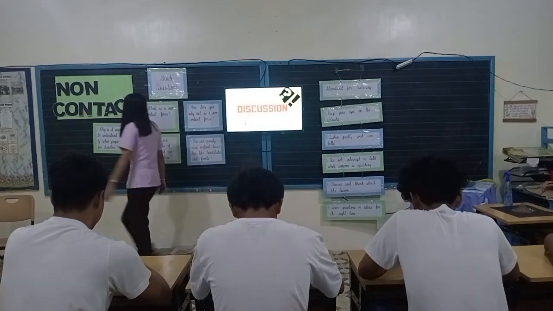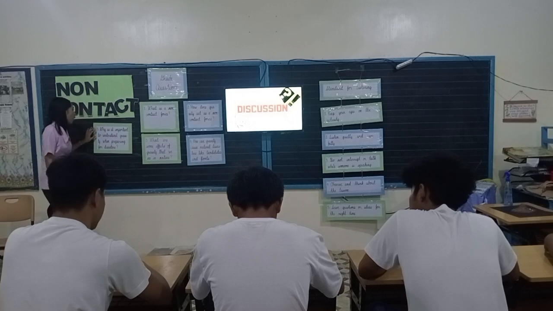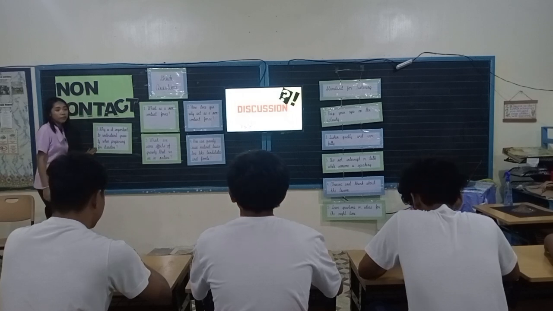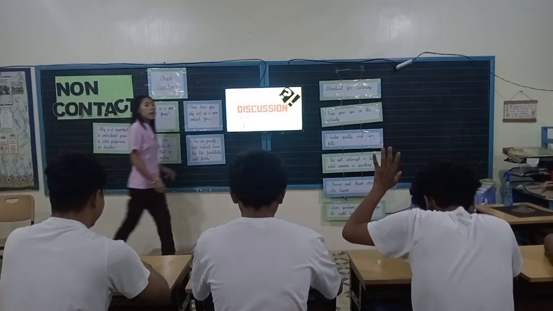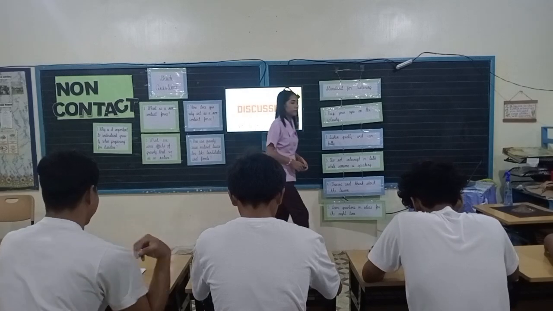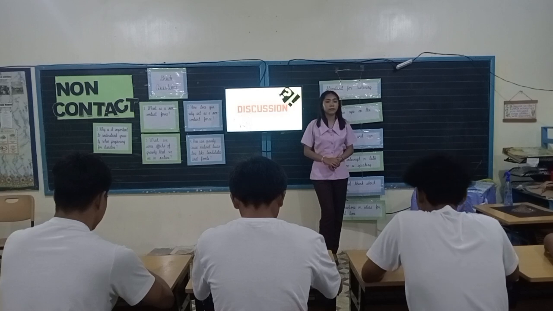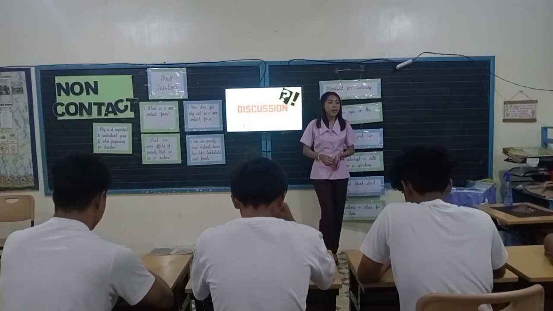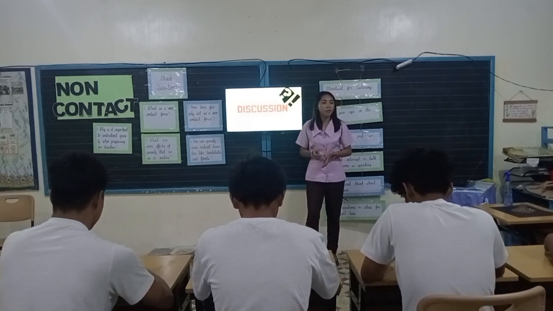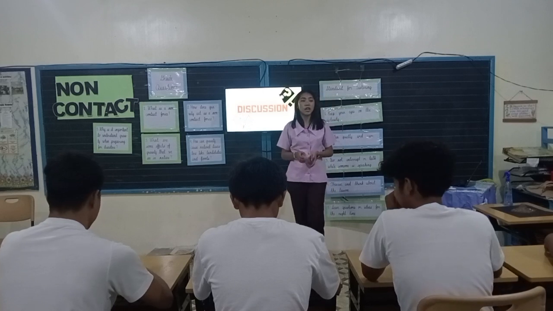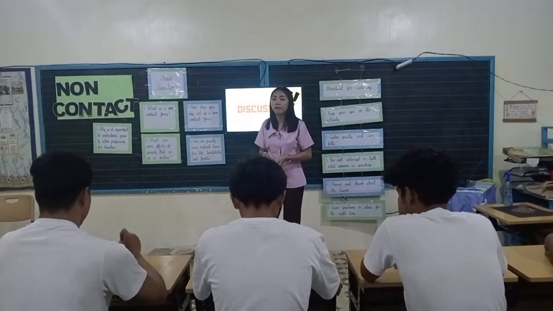So lastly, why is it important to understand gravity when preparing for disasters? Yes, Ian? So we can stay safe if it happens. That's right. Can anyone share how understanding gravity and disasters might help us in real life?